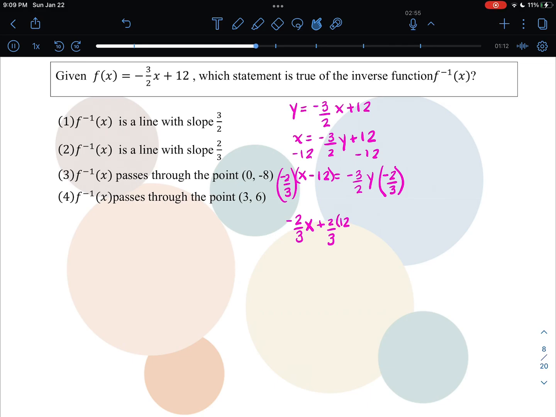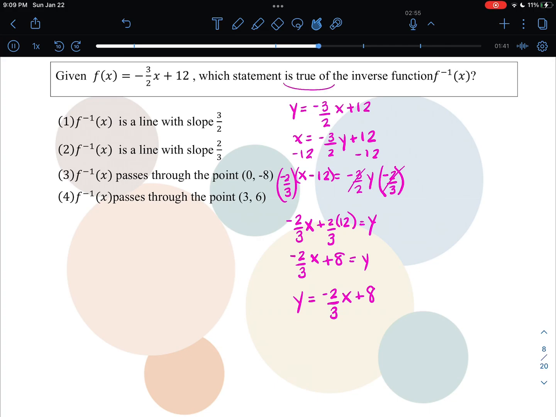I've gotten the plus by multiplying the negative times the negative, equals y. I'm going to simplify my left side a little bit. I get negative 2/3 x plus 2 times 12 is 24, divided by 3 is going to give me 8, equals y. So my inverse function is y equals negative 2/3 x plus 8.